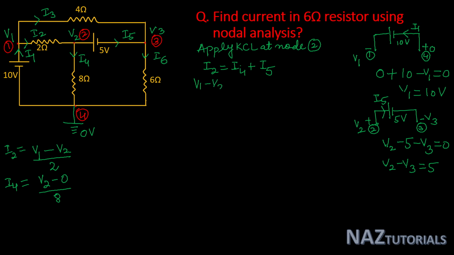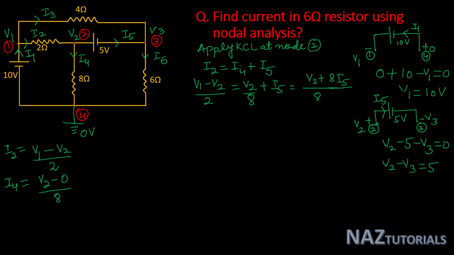So here, V1 minus V2 divided by 2 is V2 by 8 plus I5. So let's take the LCM. This is 8V2 plus 8I5.